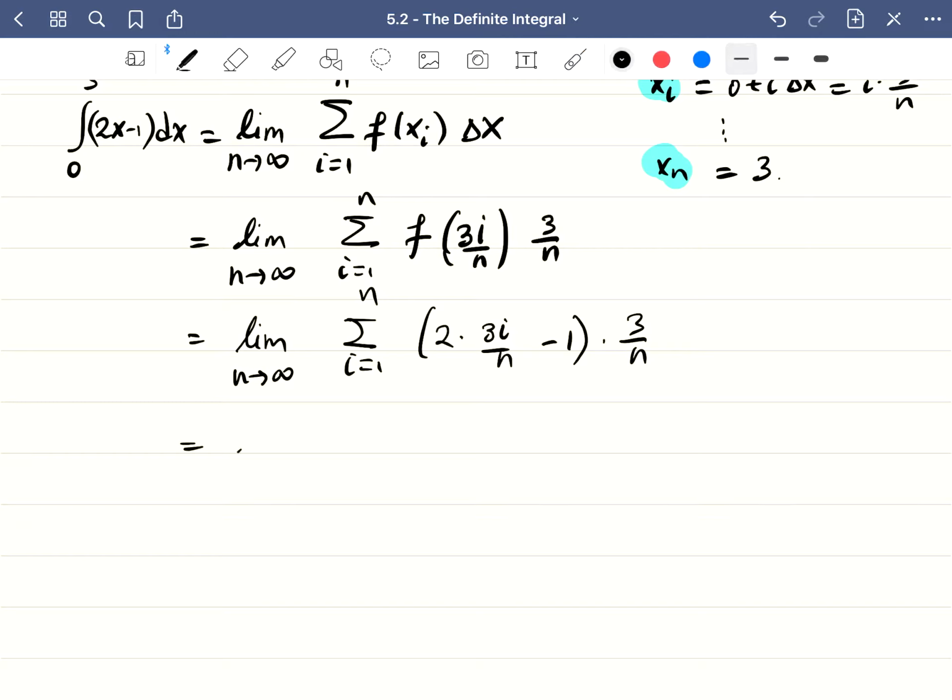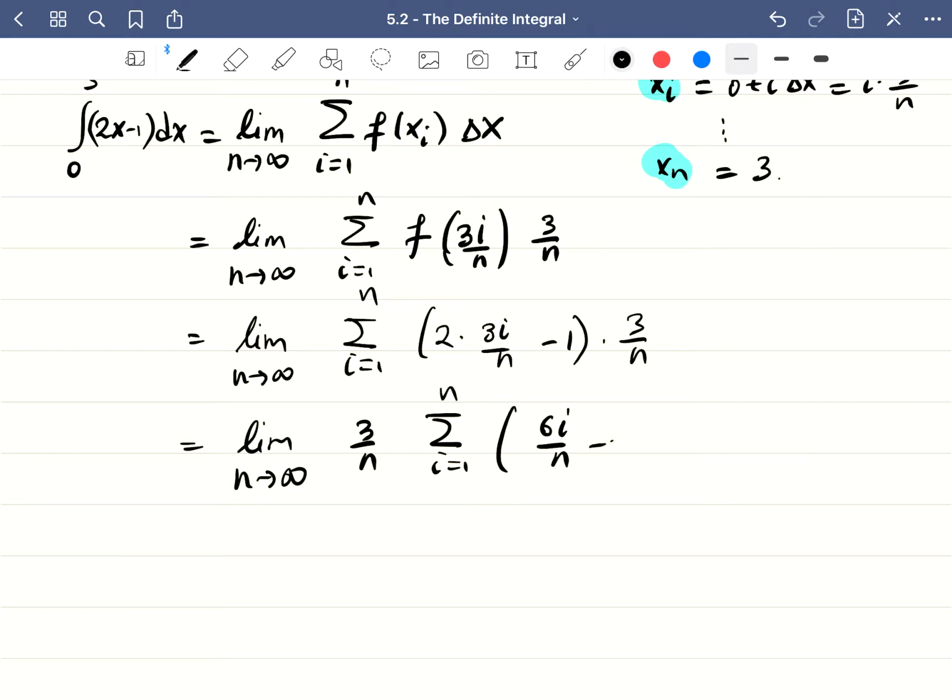This is equal to the limit as n goes to infinity. Since i and n are independent, you can take this 3 over n and put it in front of the sum. So I have 3 over n times the sum i from 1 to n of 6i over n minus 1, since 2 times 3i is 6i.